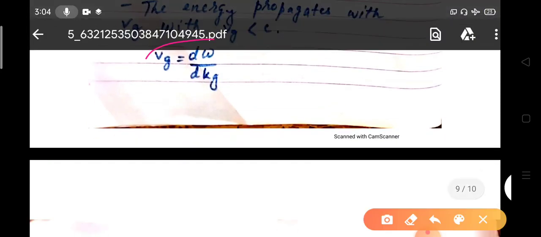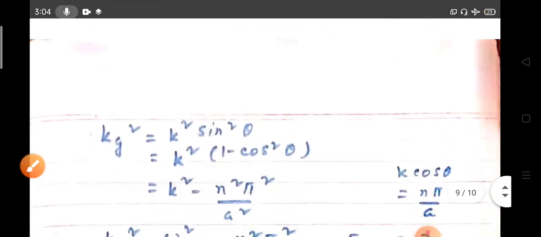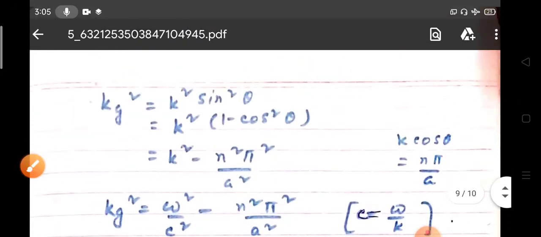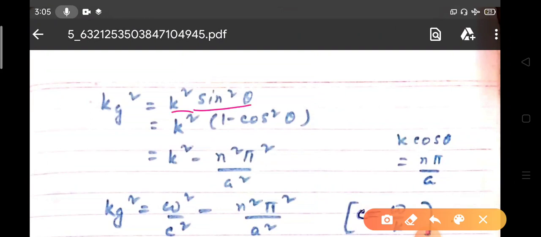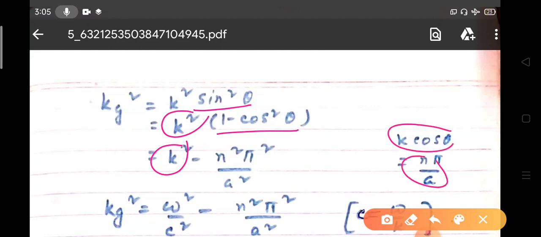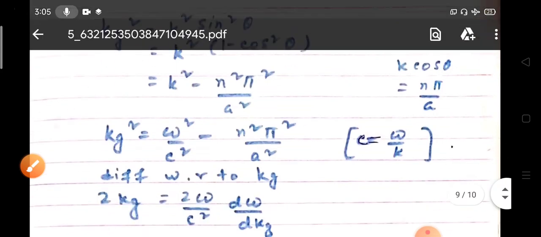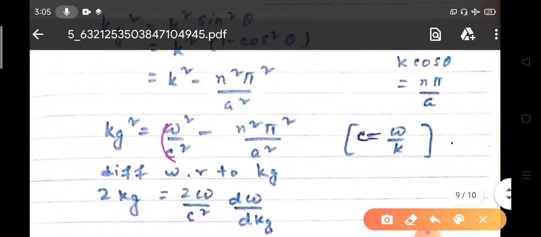Group velocity will be d omega by dkg, and what will that be? kg square equals k square sine square theta, or k square into 1 minus cos square theta, or k square minus n square pi square by a square. So kg square will be omega square by c square minus n square pi square by a square, because c equals omega by k.